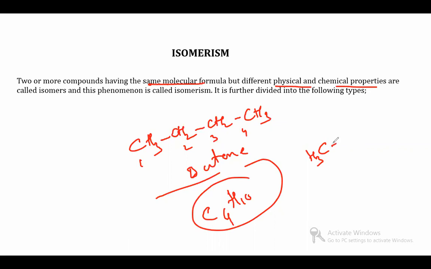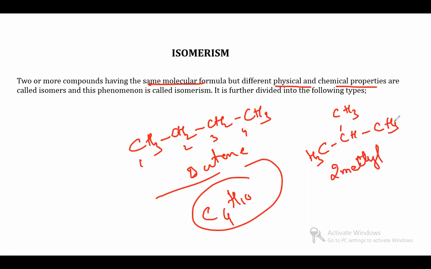So you will write another compound, that is CH3 above, and next on the right side CH3. The name of the compound: 1, 2, 3. From this side or this side, we get the lowest carbon number. So the second carbon has a methyl group, that is 2-methyl.